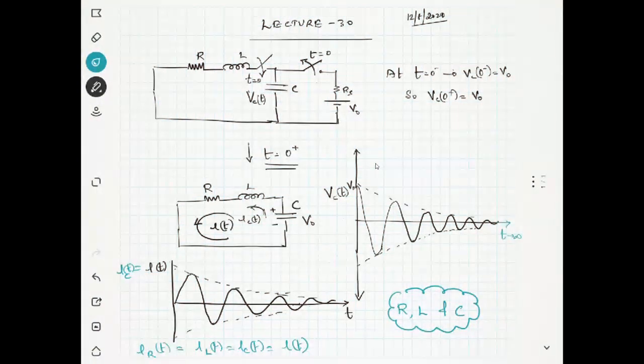So anyway, you cannot always expect the oscillation. That is the main thing.